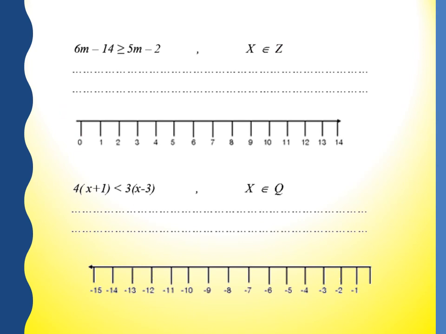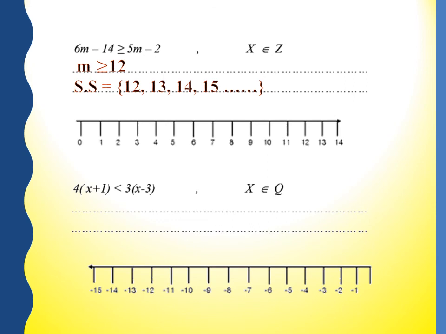Here I need to solve the inequalities and to represent the solution set on the number line. First, collect like terms. Here we have 6m minus 5m, m greater than or equal to negative 14 goes to the other side, plus 14, then m greater than or equal to 12.